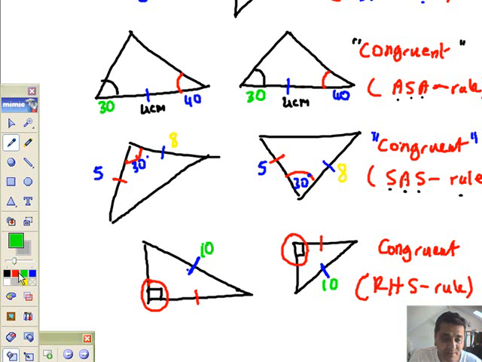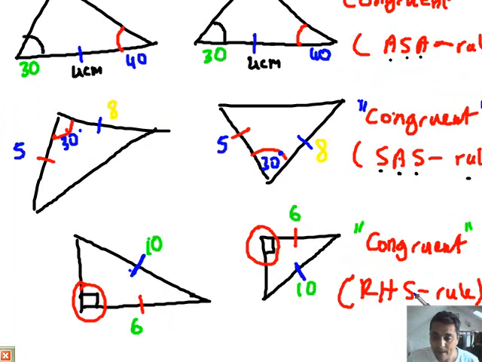If you're given one other side, for example, as this side here as maybe 6 centimeters, and this side also 6 centimeters, then what have we got? We've got a common right angle there and there. We have a common hypotenuse there and there, and one common other corresponding side. So again, if you end up with this situation, these two triangles are congruent, identical, and they follow the right angle hypotenuse corresponding side rule.